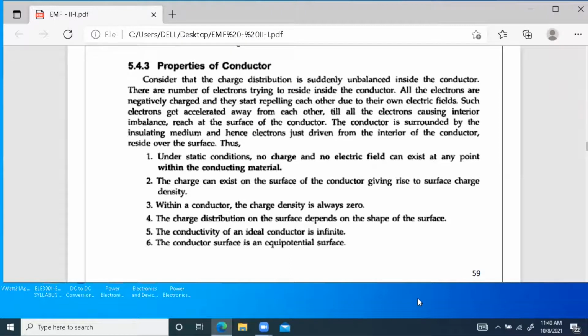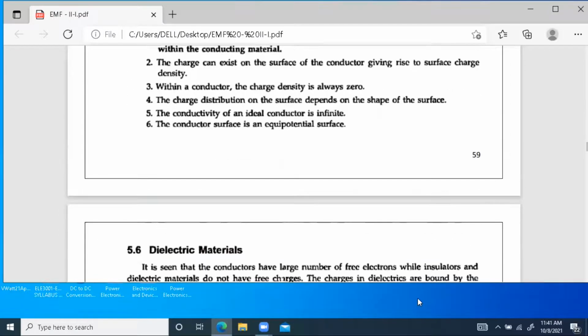Not to diminish the importance of it, because if you don't understand this, you can't understand the dynamic field. But the point is that there's no such thing as a static field. Hope you understand that. Kind of, yeah.